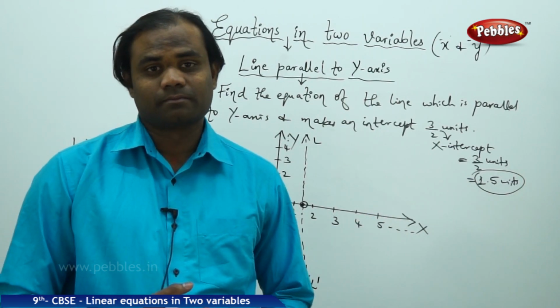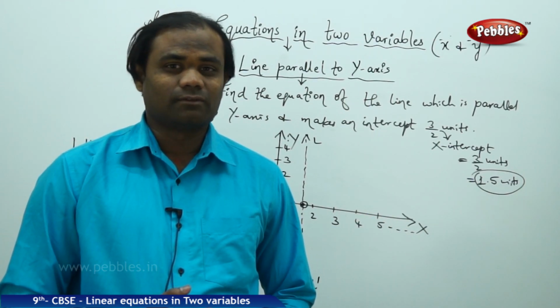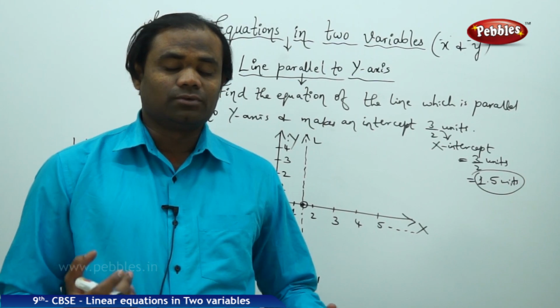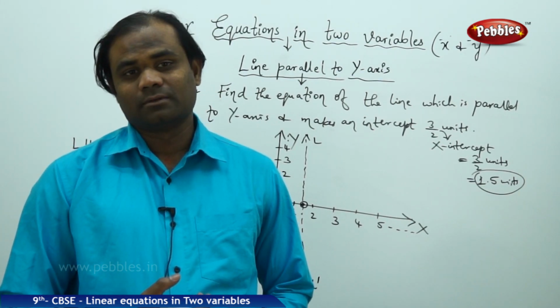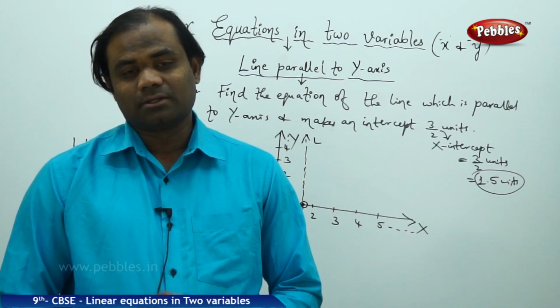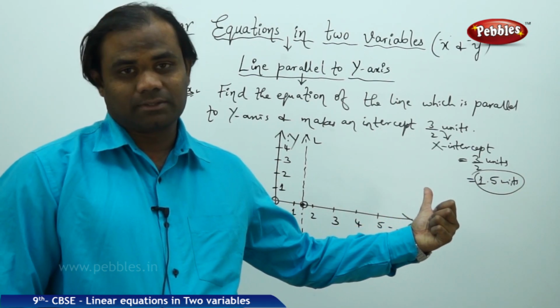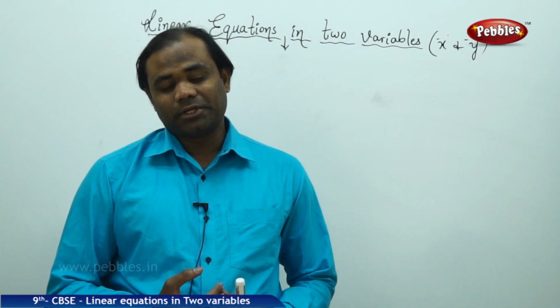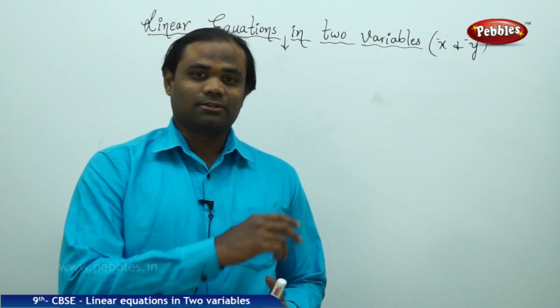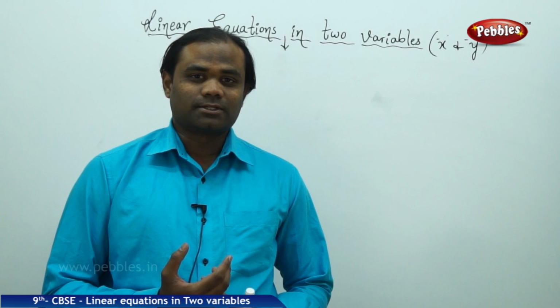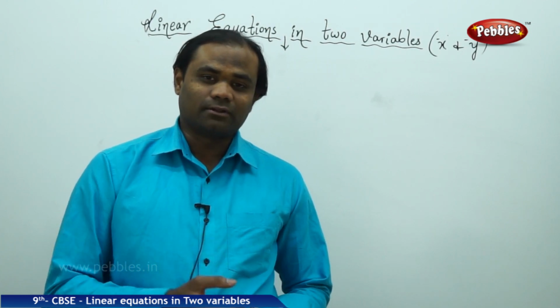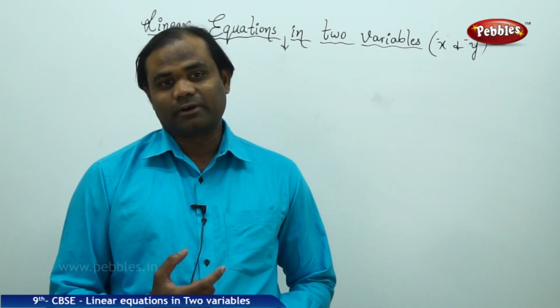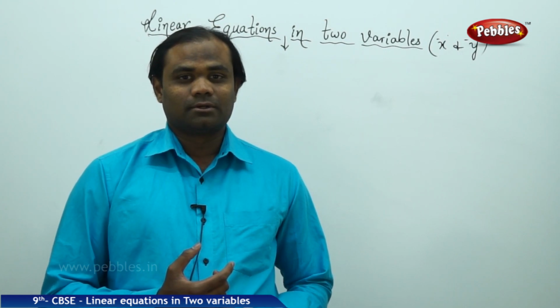This is how we identify the equation of a line parallel to x-axis and parallel to y-axis as the special cases. The special case of linear equation in two variables x and y, line parallel to x-axis and line parallel to y-axis. Now comes the question on the linear equation which can be sketched on the Cartesian plane. What if the line is given on the Cartesian plane and I would like to find its equation?